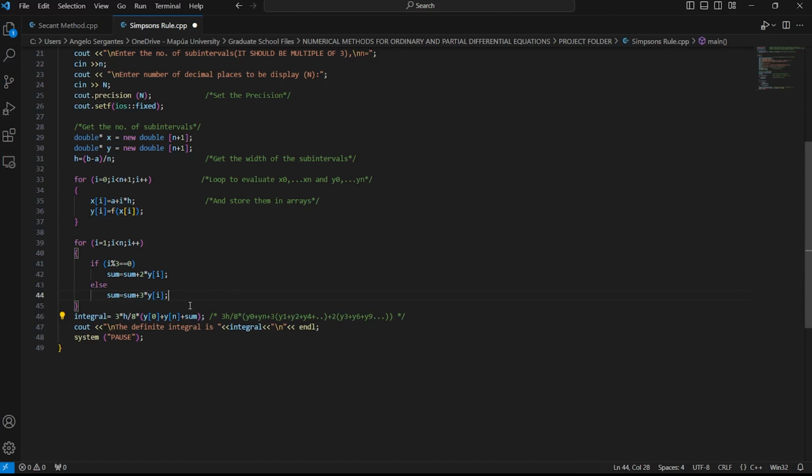This is the summary of the equation. After the program solves all of the needed equations, it will produce an output, which is the definite integral, and then the program will pause.